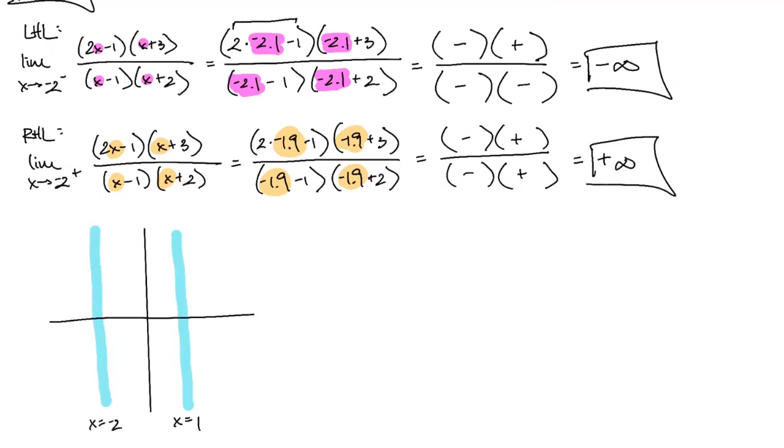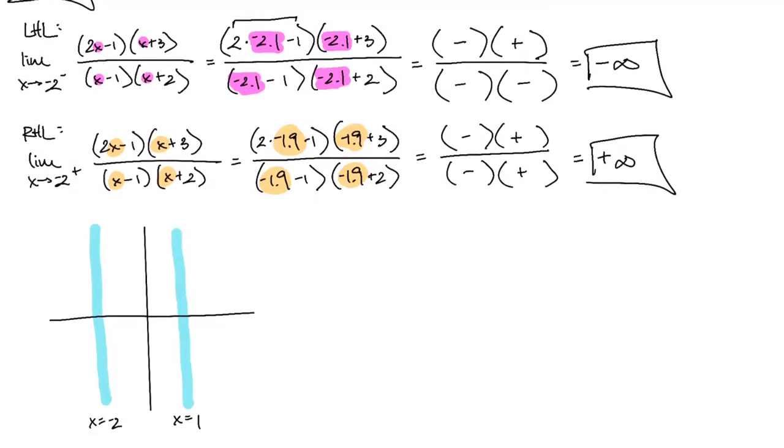And so the question now is, how do I know whether the graph goes up or down on the sides of the asymptote? What I can tell from this left-hand limit is that when I go to x equals -2, on the left-hand side of that, my function is going to be going down.